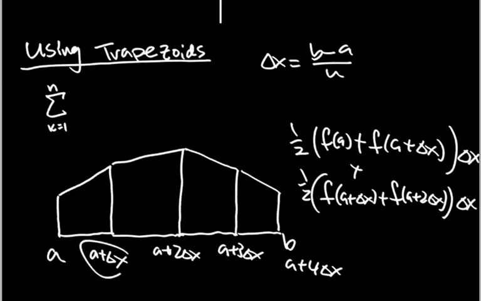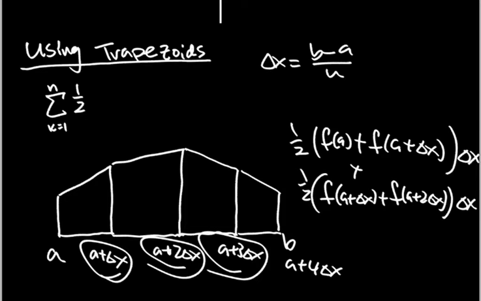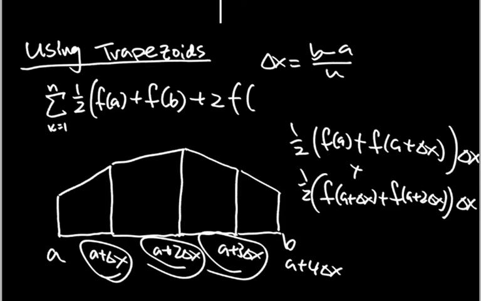So this is added twice, and so will this. So you'll get 1/2 of f of a plus f of b plus 2 times f of all the ones in between until that point.